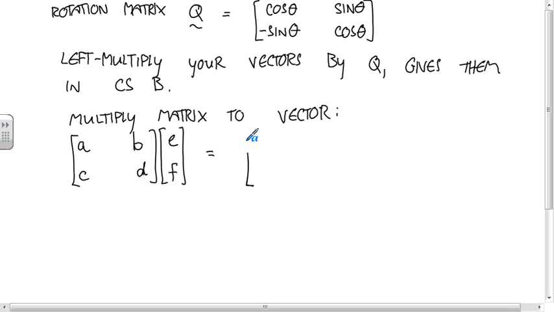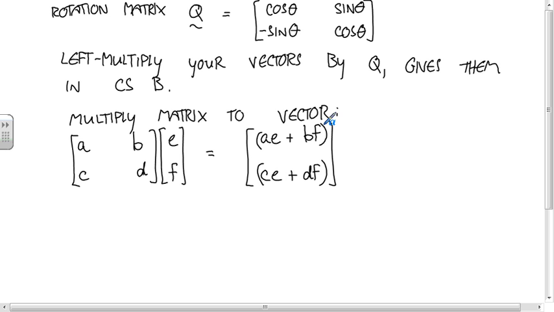The answer here is a vector that is basically two different dot products. The dot product of AB with EF, so you get AE plus BF. And then the y component is CE plus DF.